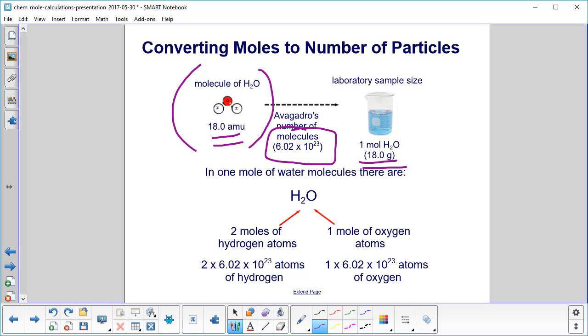So in 1 mole of water molecules, this number tells us that we have 2 moles of hydrogen atoms and 1 mole of oxygen atoms. So 2 moles of hydrogen, 1 of oxygen. To find out how many atoms there are, we multiply that by Avogadro's number. So this tells us how many atoms of hydrogen we have, and this tells us how many atoms of oxygen.